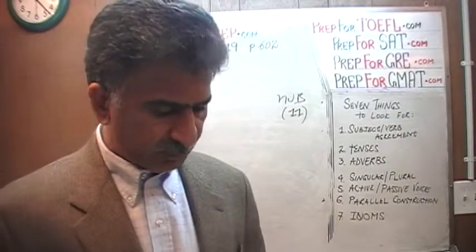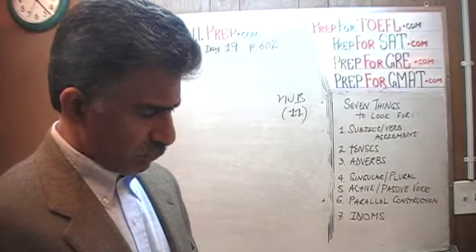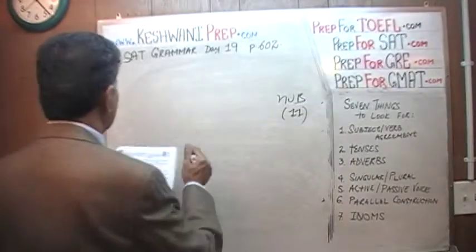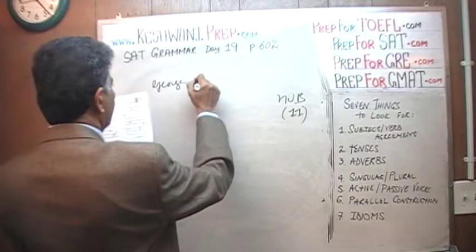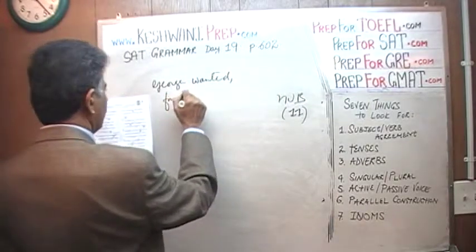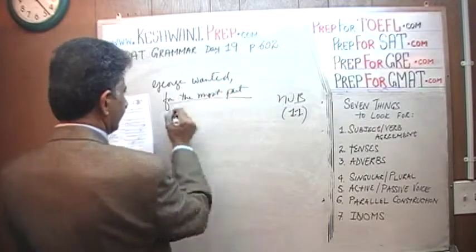Next one, number 23. George wanted for the most part to travel around the world after graduation. George wanted for the most part. There is nothing wrong with this part.